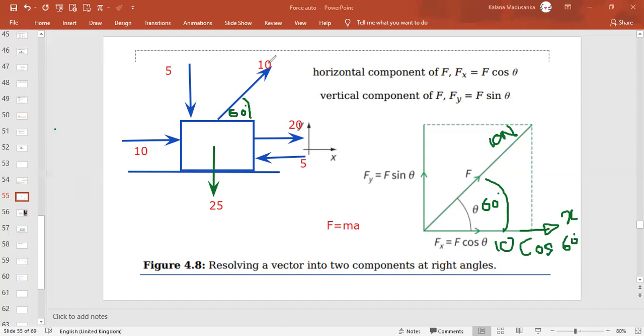And you can find out these values using the trigonometric value table, or in the calculators, you can see 10 cos 60, you can directly get the value.